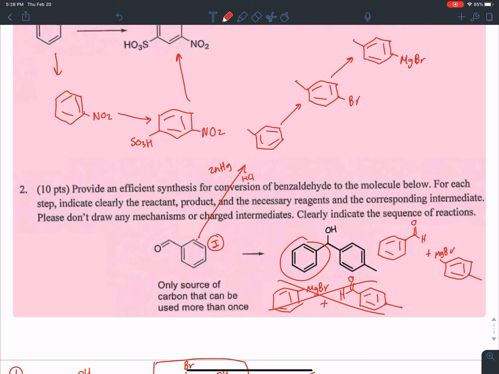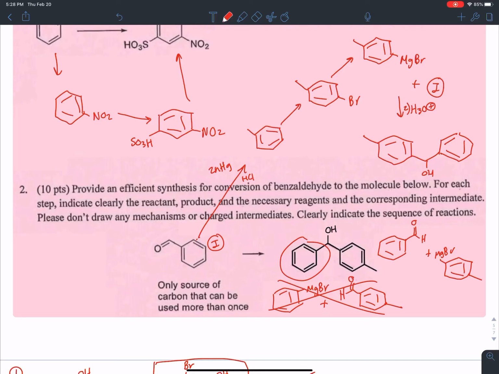So this thing plus my 1, okay, with the second step being H3O plus, will make my answer. So here, I can write it down for you guys. This would attack the aldehyde, and then you would get this. Just like that, and that's the answer.